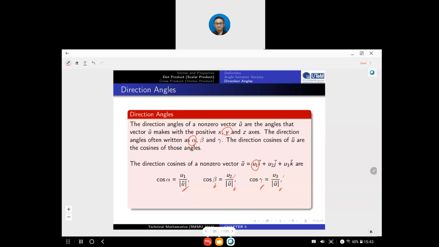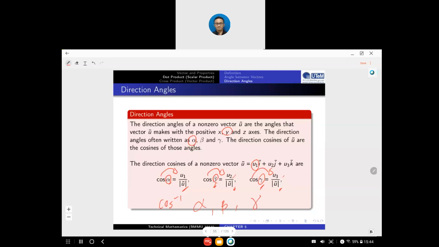Okay, so then we can find alpha, beta, and gamma by taking the cos inverse. So you can get the value of alpha, the value of beta, and the value of gamma. So that one is the direction angles.